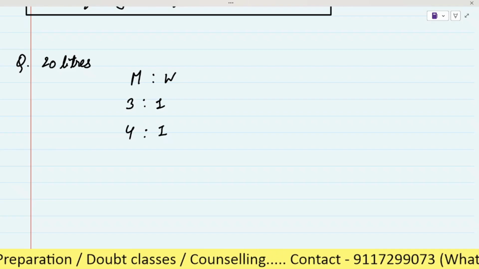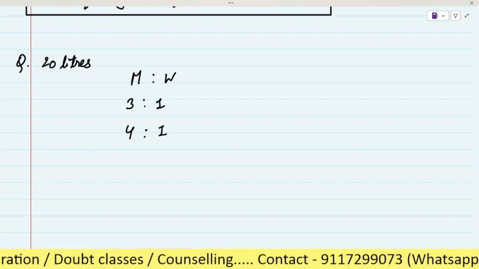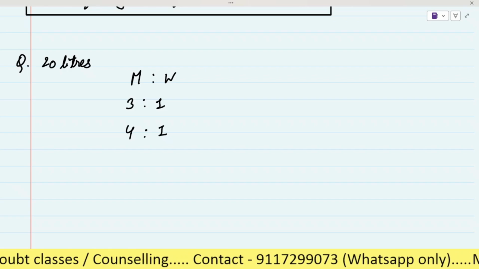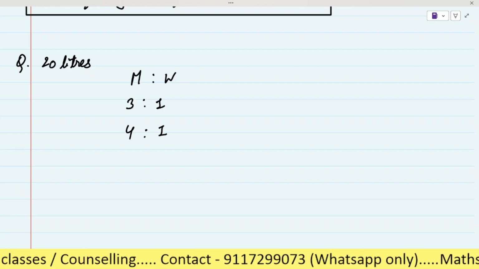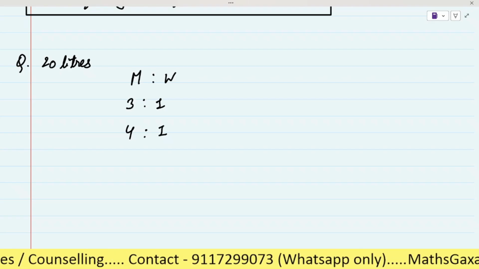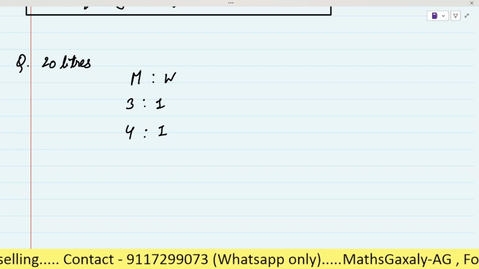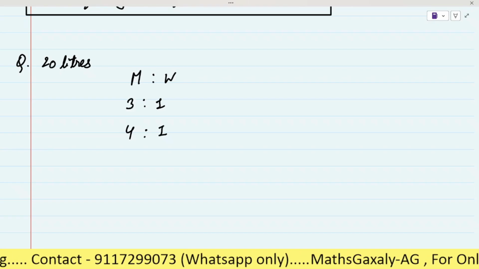So 20 liters of a mixture containing milk and water in the ratio 3 is to 1. Then the amount of milk to be added to the mixture so as to have milk and water in the ratio 4 is to 1. It means here we have added milk to the mixture.